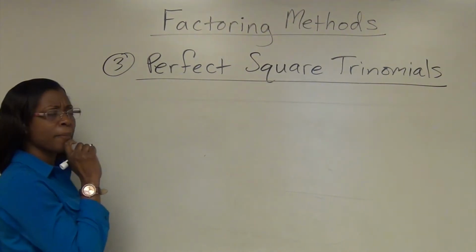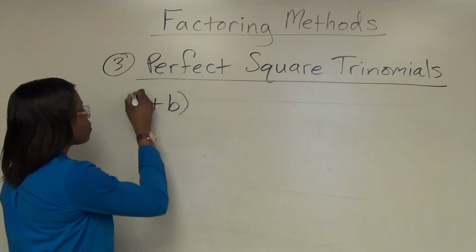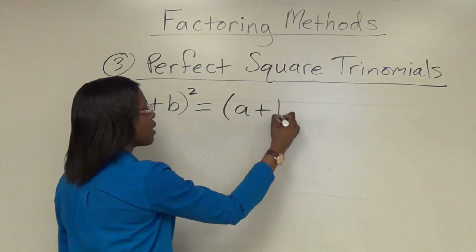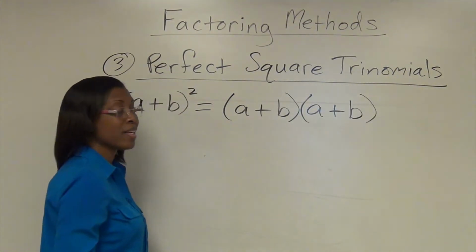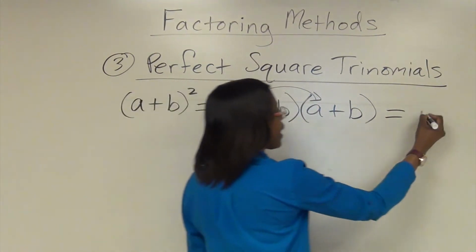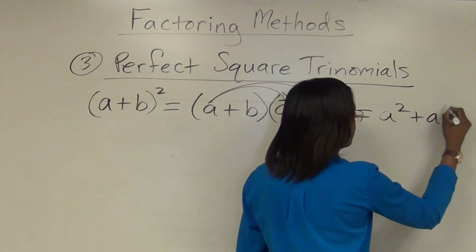Alright, now our formula is if we have a plus b, quantity squared, that's the same as a plus b times the quantity of a plus b. And what does that equal? If we do a times a, we get a squared. A times b, we can do FOIL.